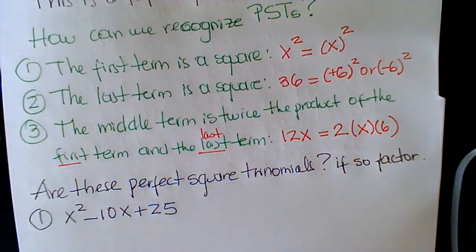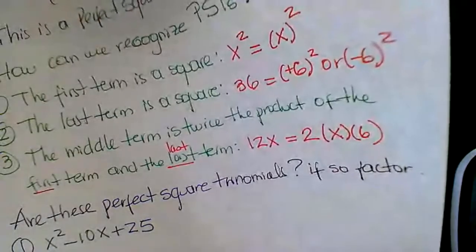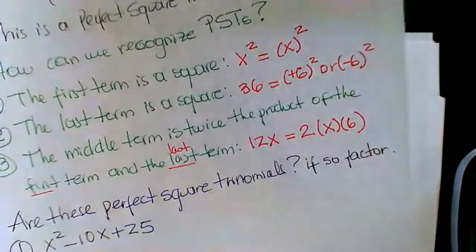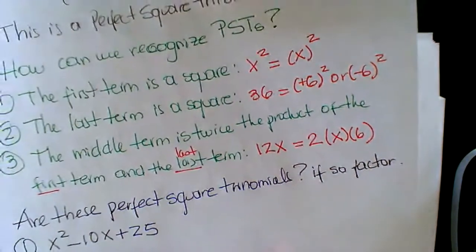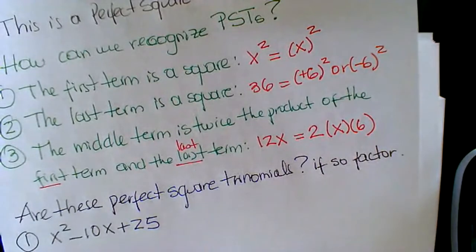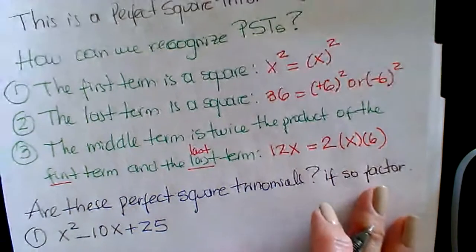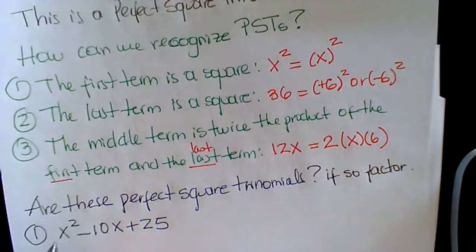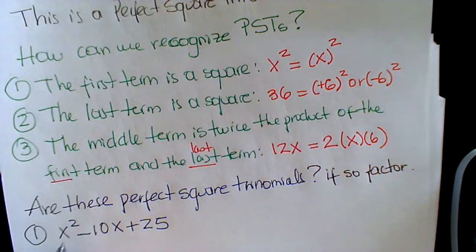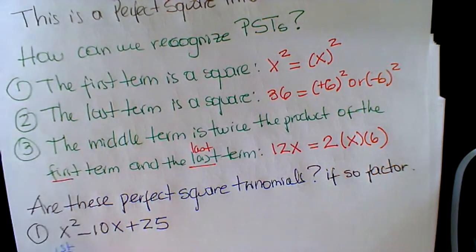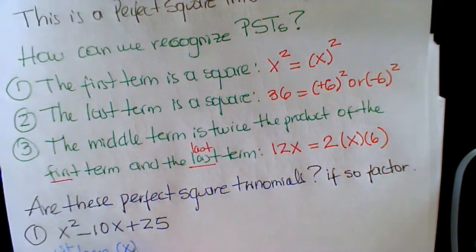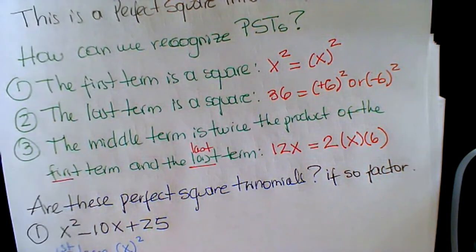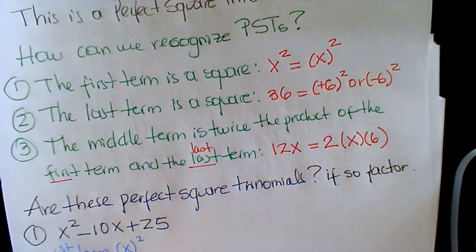right? So let's see if it's a perfect square. The first term needs to be a square. It is, right? The middle one needs to be what?